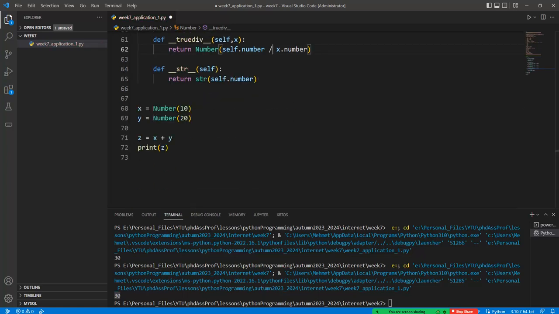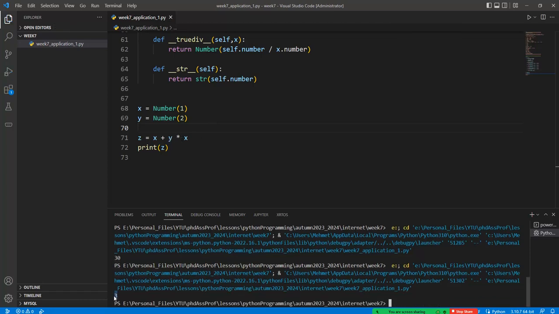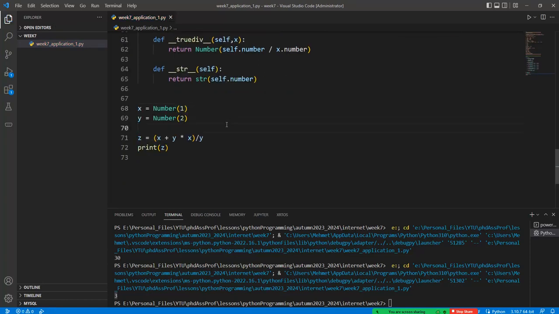Okay, and so if we have this property, we can multiply these terms, like this one, y times x. If I multiply these terms, this 3 is assigned to the z value, or we can divide all the terms with the y value. Okay, because we have the true division in here, and then we will have 1.5.